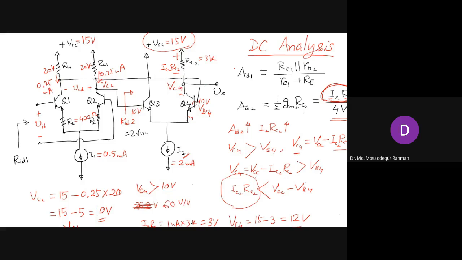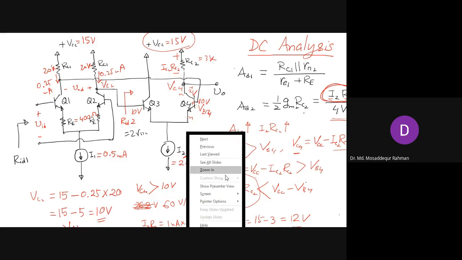So what we have here is VC4 is 12, and VB4 is 10. So we have a margin of 2 volt, a voltage difference. VC4 is 2 volt higher than VB4. So this will keep the transistor of the second stage also with the collector base junction reverse biased and keep it in the active mode.